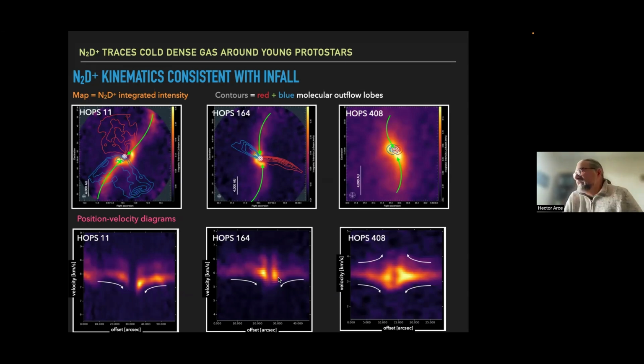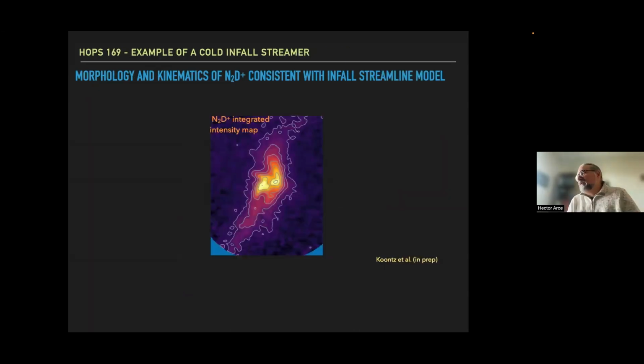And why is that important? Why is that interesting? For that, let's take a look at this particular example. This is the fourth example that I mentioned before, but I didn't show it in the previous slide. This is one of the youngest protostars in our sample, HOPS 169. Here's the N2H+ integrated intensity map.